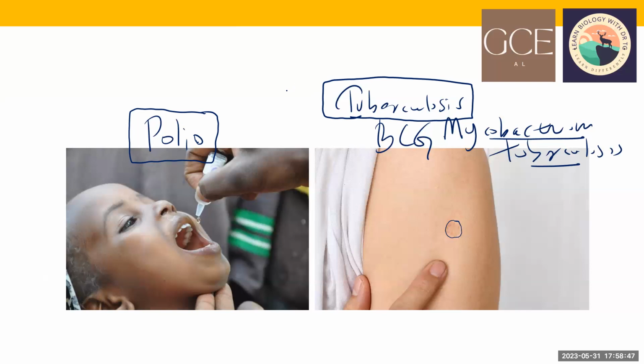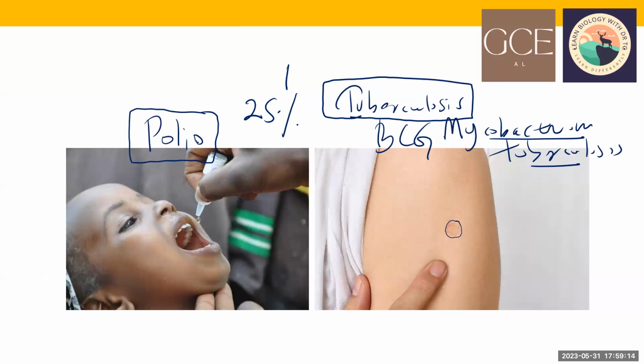Theoretically, 25% of the global population is infected with tuberculosis. But most of them don't show the signs. They don't show the disease because the immune system is protecting them from getting the disease. But the bacteria is inside the lungs.